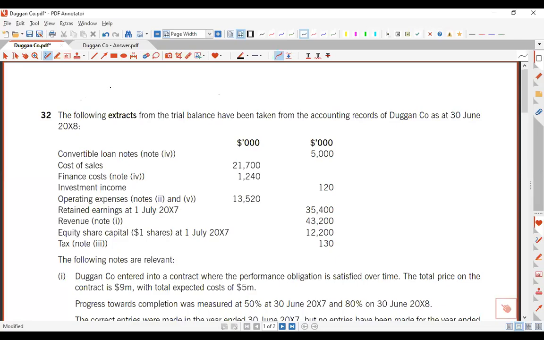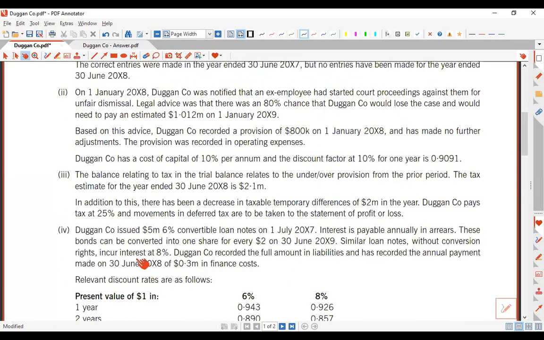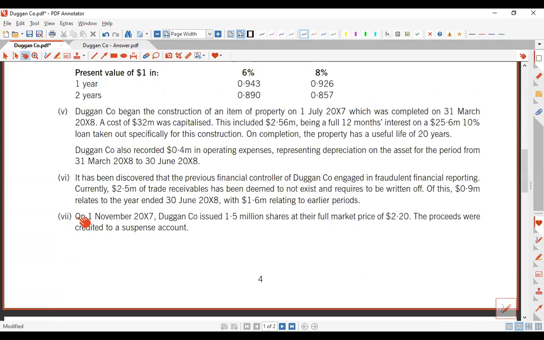We are going to attempt another question, that is September, December 18. The name of this question is Dugan Company. It's a section C type question. There are multiple adjustments, multiple notes in this question, from note 1 to note 7.